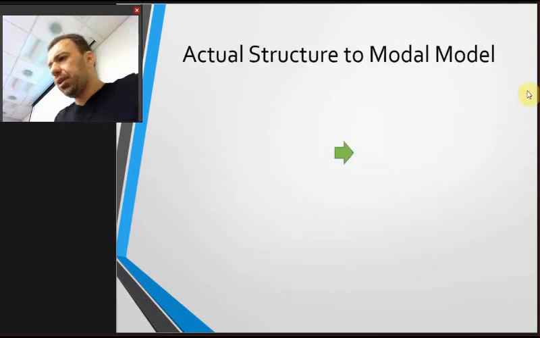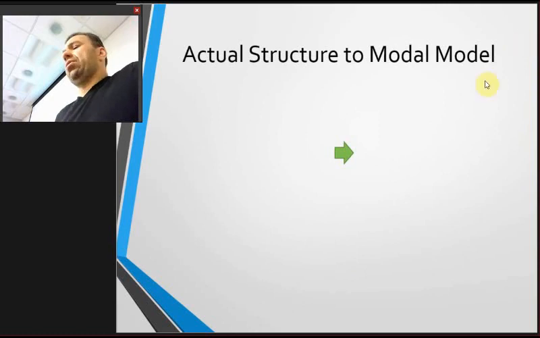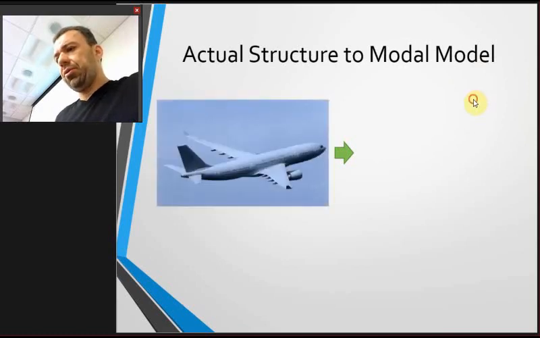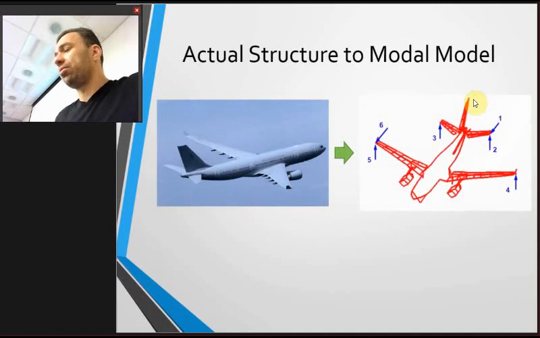Okay, now let's talk about what we do during the test, and specifically how we identify all the mode shapes during the test. This, we call the modal model. So we go from this beautiful structure, beautiful plane, into kind of ugly doodling.